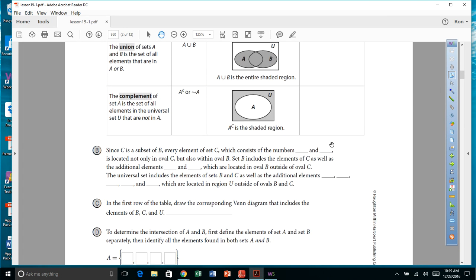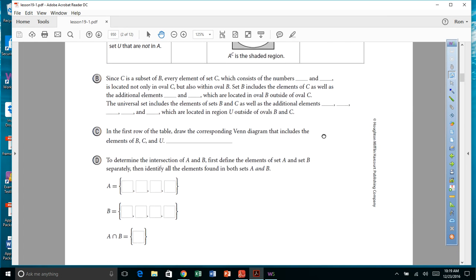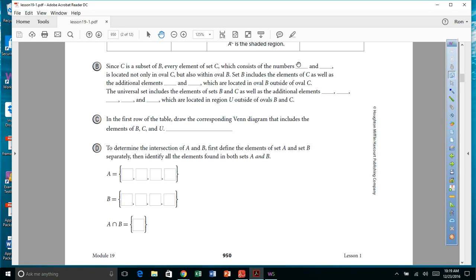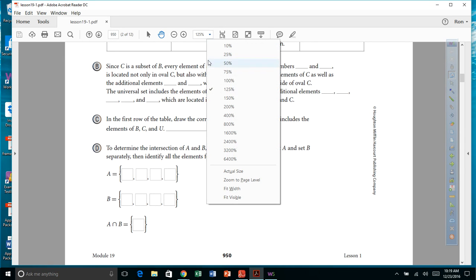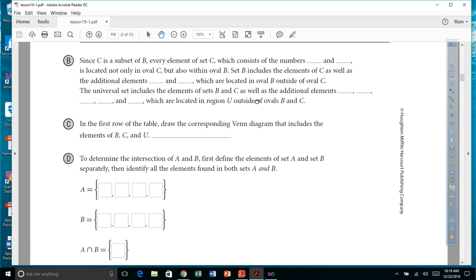Now, let's go down and look at B. And let's jump that back up to 150. So, there we go.